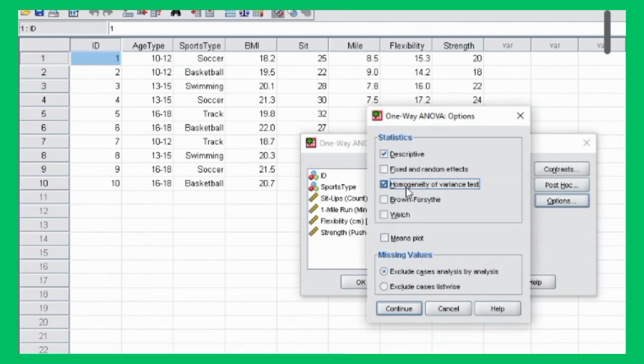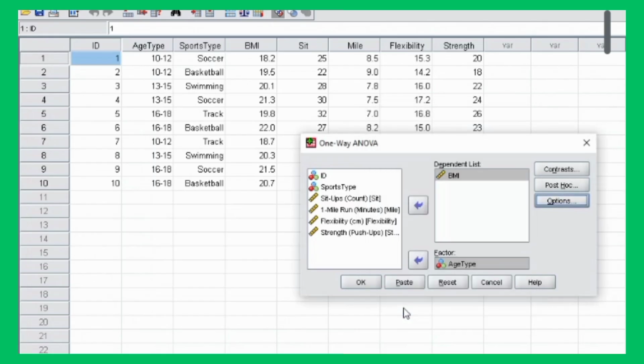We want to test the variance. Let's put also this one. Okay. Then we say means plot, and we say exclude cases analysis by analysis.